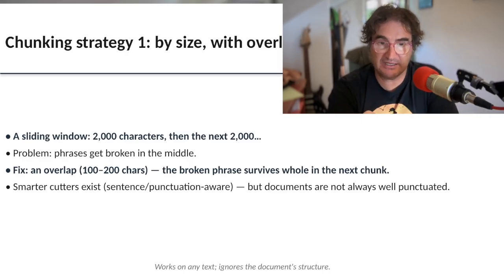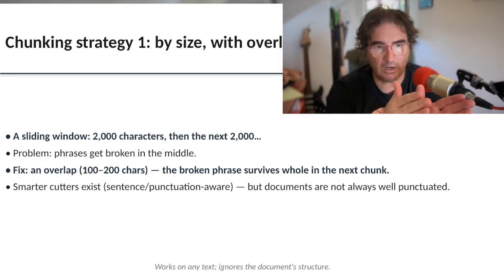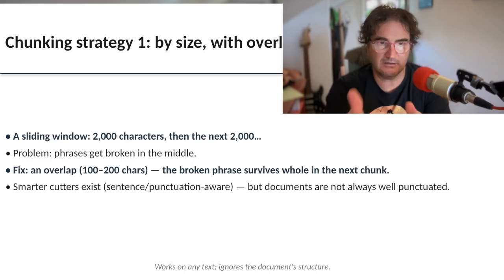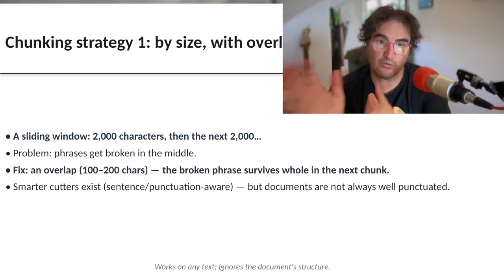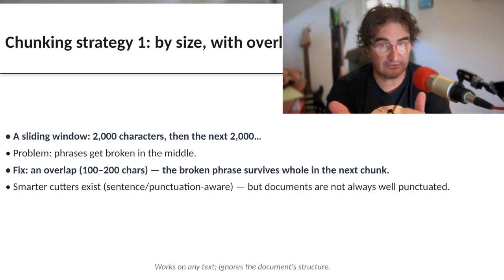So I propose to you two plain chunking strategies. One is by size, just number of characters, and we will have a sliding window along the whole document, taking 2,000 characters, 2,000 characters, 2,000 characters. But this would be a problem because we can get, for instance, phrases broken down in the middle. To avoid that, we have an overlap, for example, of 100 or 200 characters.